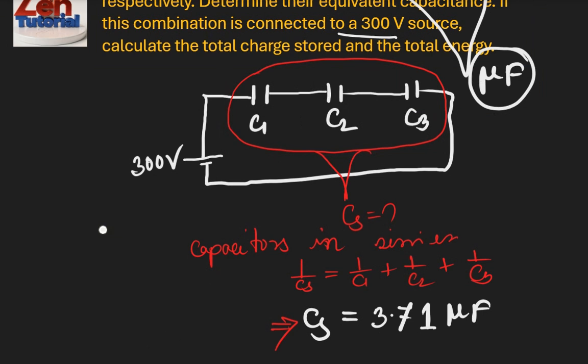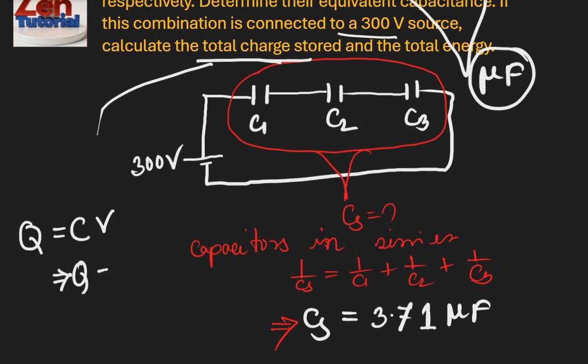For the very first part, the total charge Q equals CV. So the total charge stored by the capacitors, that is C, is 3.71 into 10 to the power minus 6, as this is micro, and the value of the potential, that is voltage, is 300.